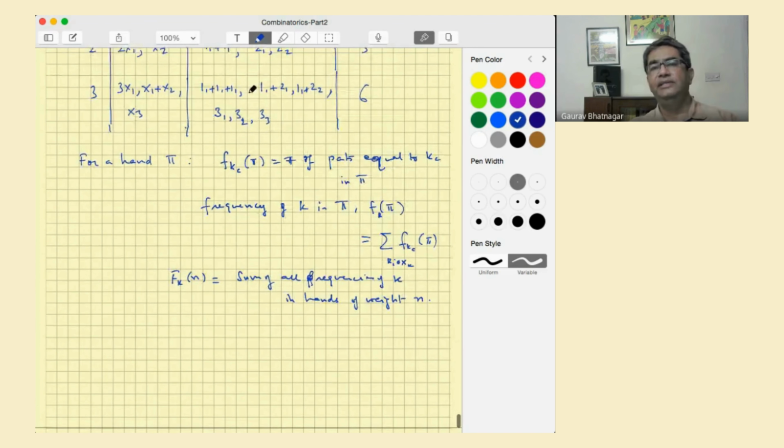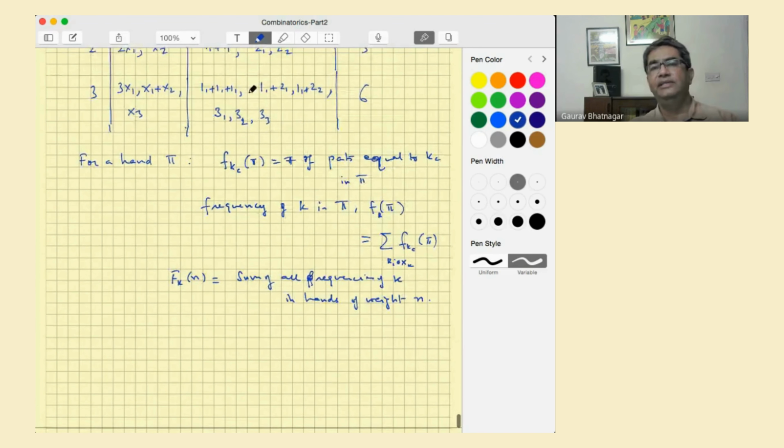So for example, in here fk3 will be, sorry, 3. So they're coming 3 times over here, and 2 is coming 2 times. So it's a little different from what we did earlier, but the same principle holds.